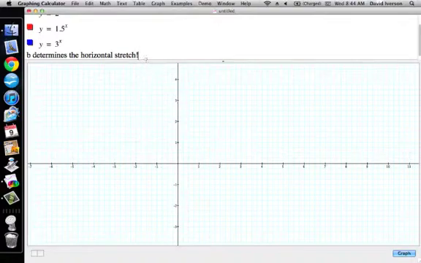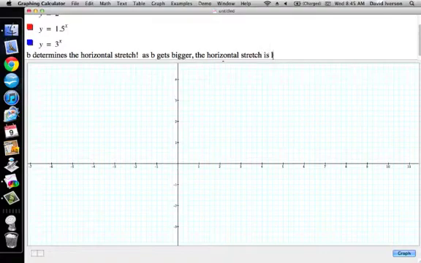So as b gets bigger, the horizontal stretch is less.